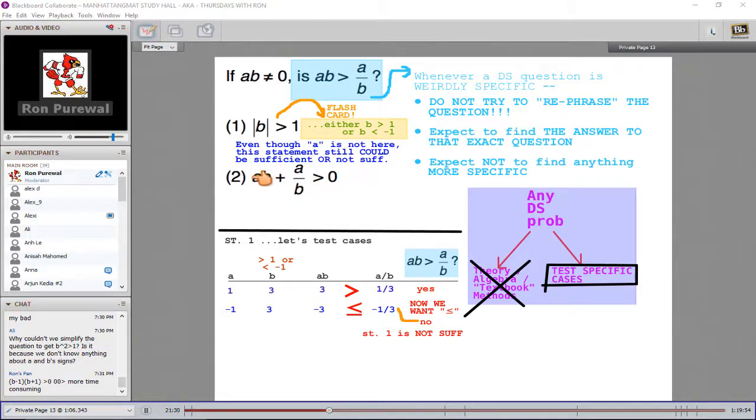But in general, when they give you statements like this, as opposed to questions, when the statement is weirdly specific, you should not touch it or try to rephrase it. When the statements are like that, there's probably some simpler key to it. It's very asymmetrical. You're not trying to pick numbers that do this.